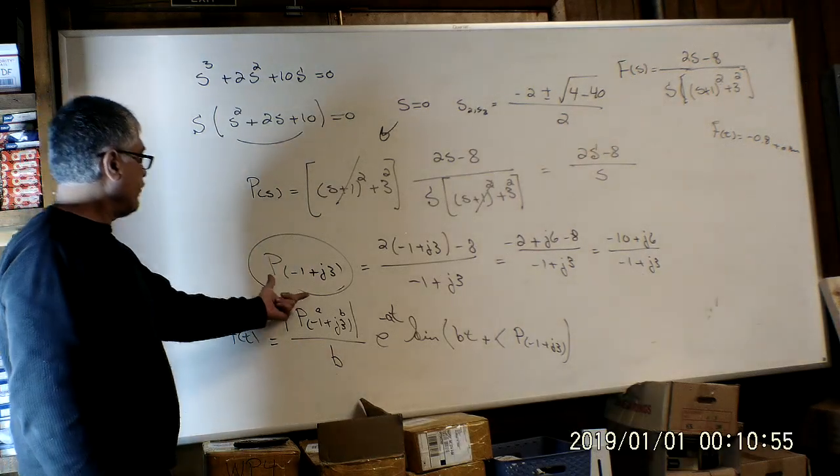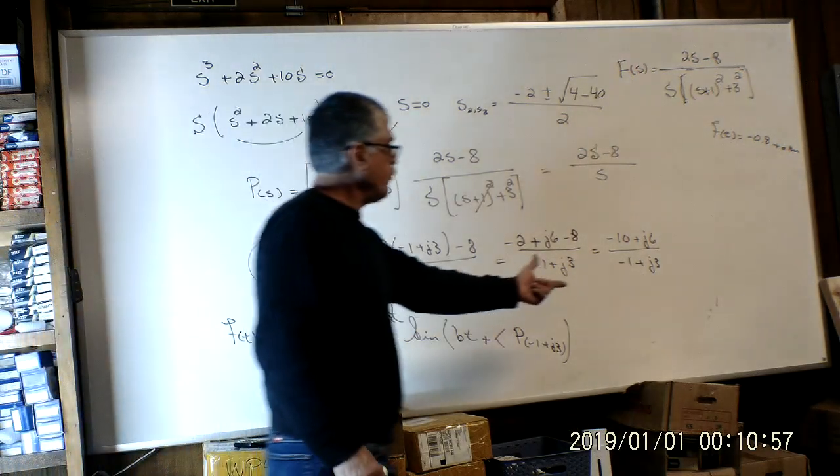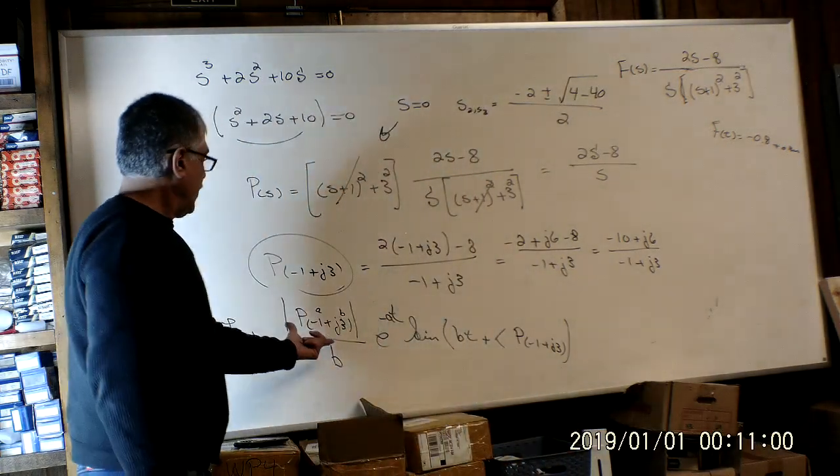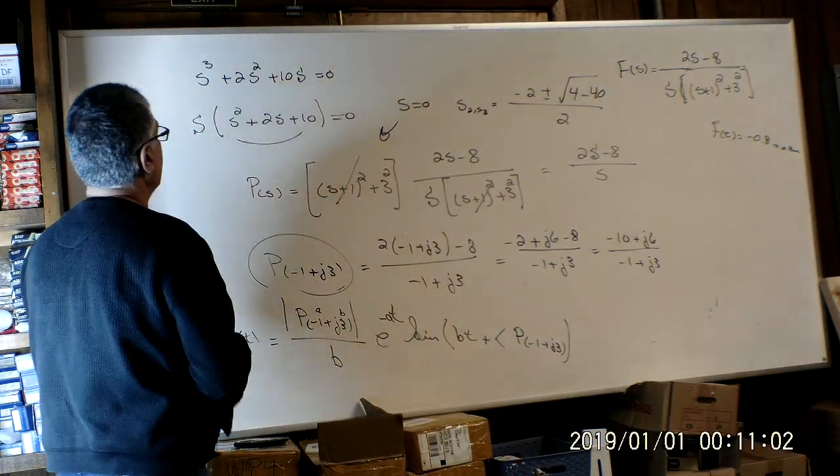So now that we have p minus 1 plus j3, let's first find the magnitude of that.